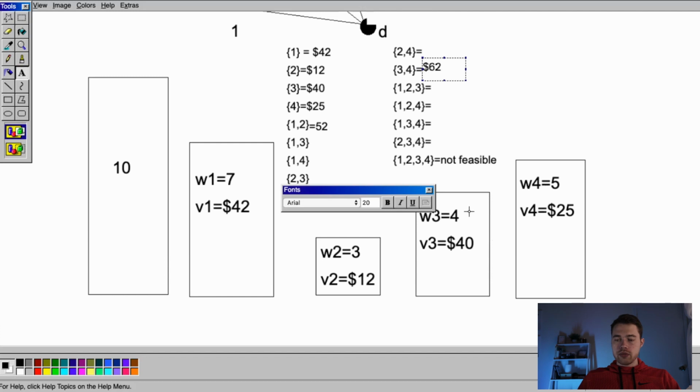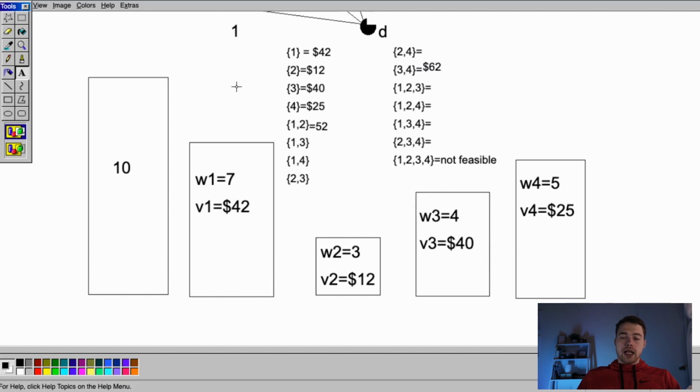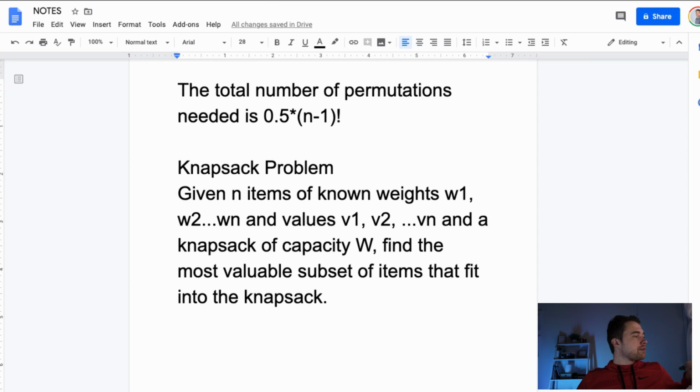The weight of the whole thing will be 9, which fits into my 10 pound knapsack. That's the idea behind it. I generate all possible solutions for my problem, and I find the one which fits into my knapsack and gives me the biggest value.